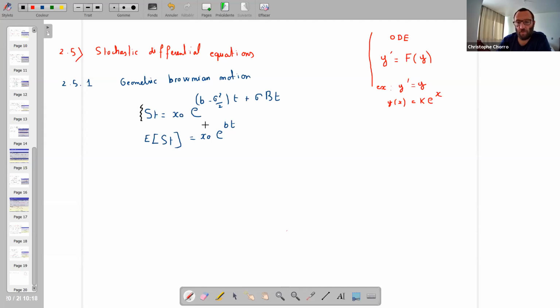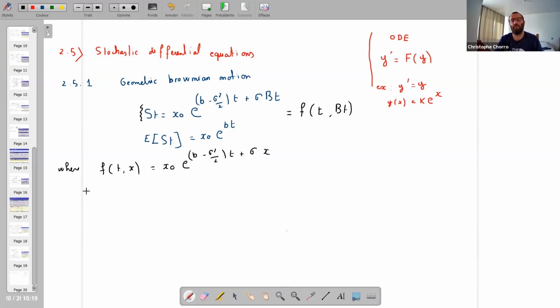So you have here the definition of the geometric Brownian motion. But when I see this, I can say that my geometric Brownian motion is just a function of the time and of the Brownian motion itself, where f(t,x) is equal to x0 exponential of (b minus sigma squared over 2) t plus sigma x.